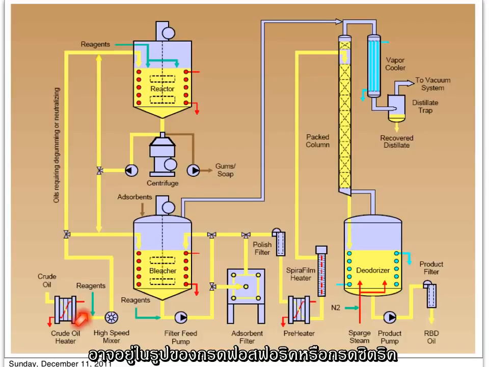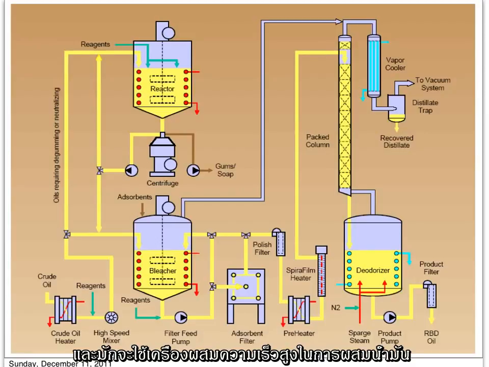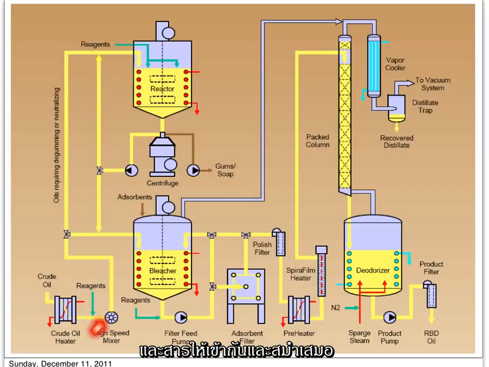This can be in the form of phosphoric acid or citric acid, if we use acid degumming, or we can also use hot water if the oil contains hydratable phosphatides. So the gums or the phosphatides will be removed at this stage in the degumming process. Usually a high-speed mixer is required here to mix the oil and the reagents intimately and uniformly. Then the oil will go through the next step.